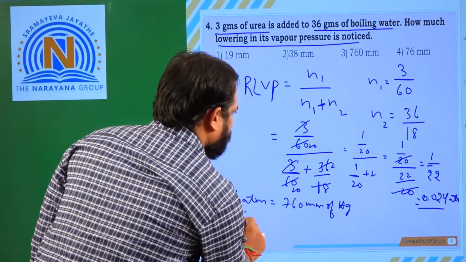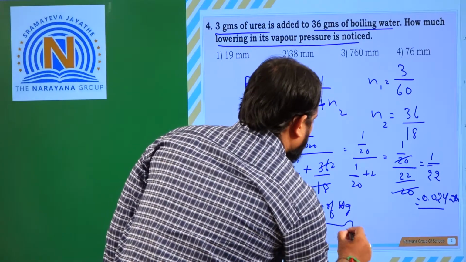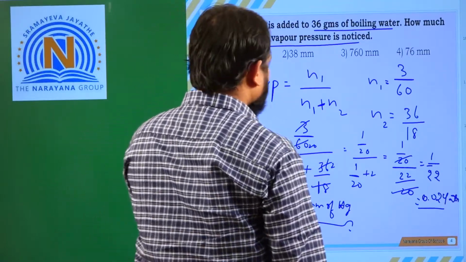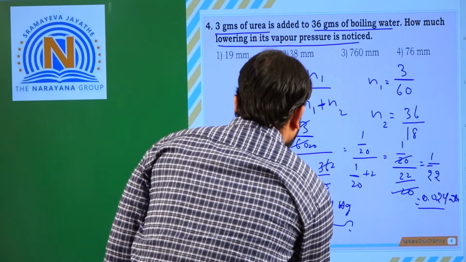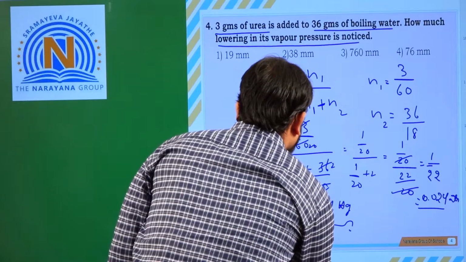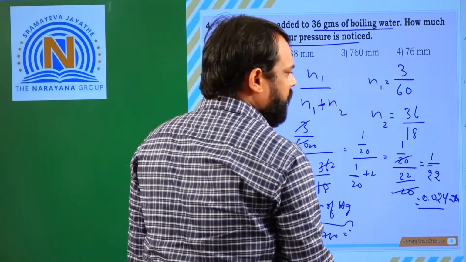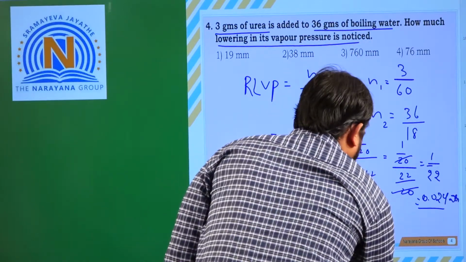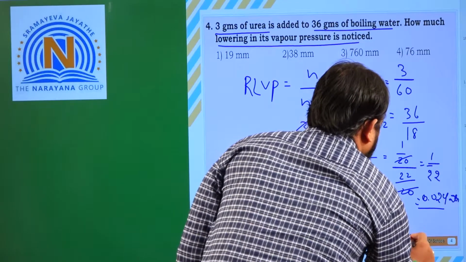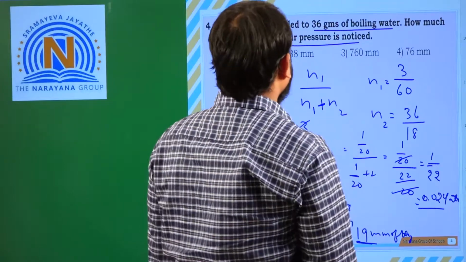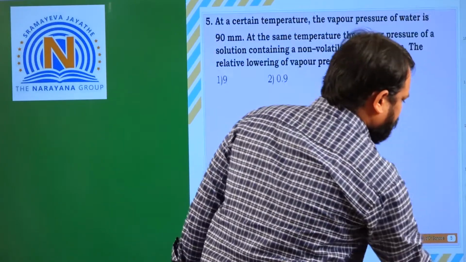So 0.024 atmosphere is equal to how many mm of Hg? By cross multiplication, 0.024 into 760, you will get approximately 19 mm of Hg. So which option? First option, right? And next we will move to the next question.